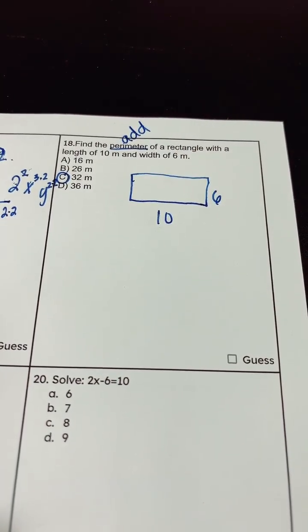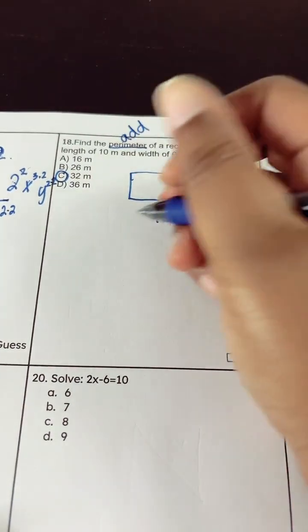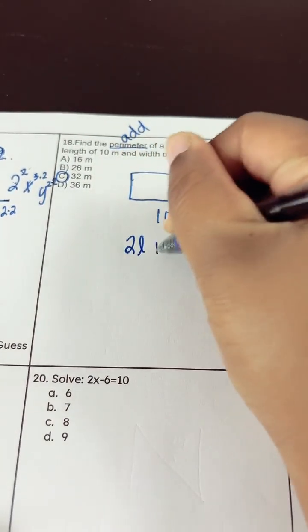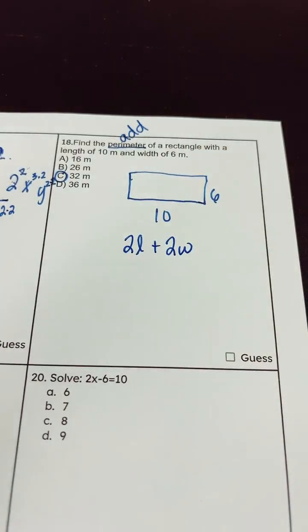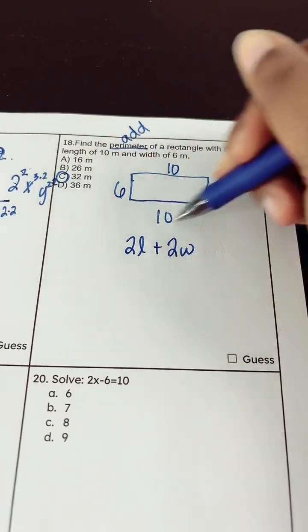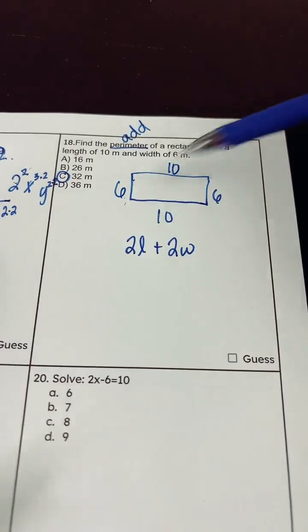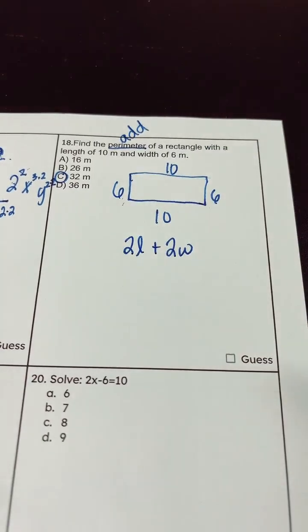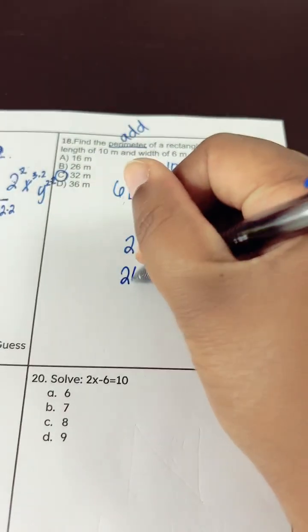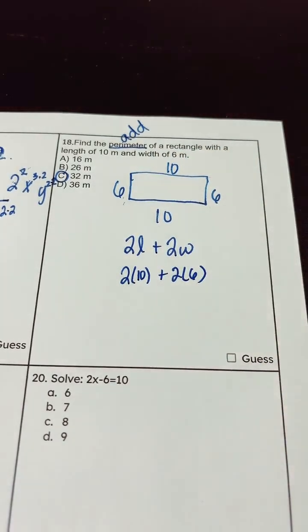Okay, Sip said, let me give you the formula, though. It's 2 length plus 2 width. Beautiful. Which means that we're going to add up all our sides because we're putting up a fence or something around. It's a border. So 2 times 10 plus 2 times 6.